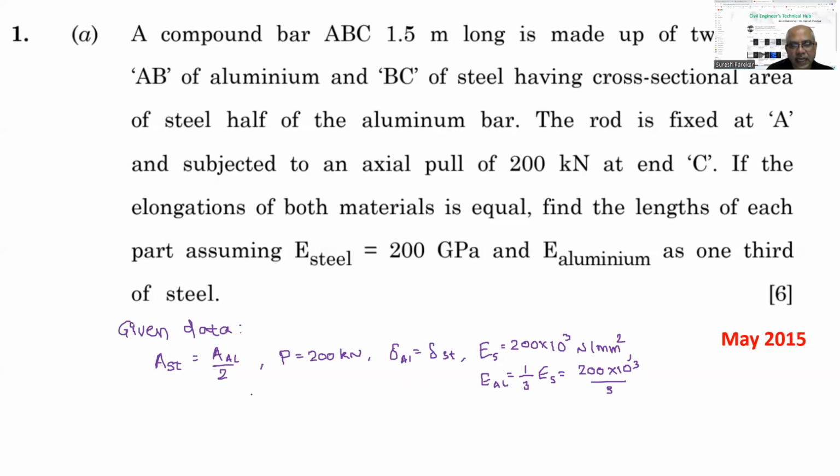We have given L of aluminum plus L of steel equal to 1500 millimeter. Now we will start to solve this. It is given two bars, a composite bar of aluminum and steel, and one end is fixed.